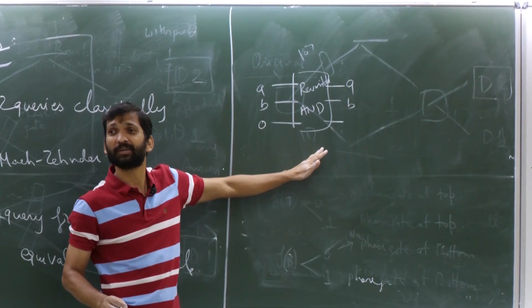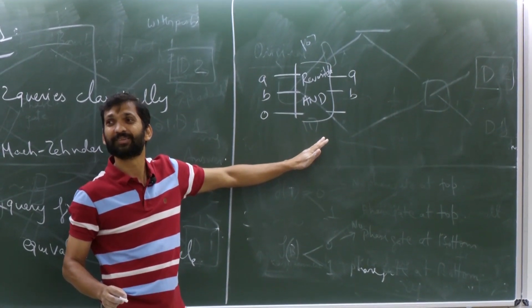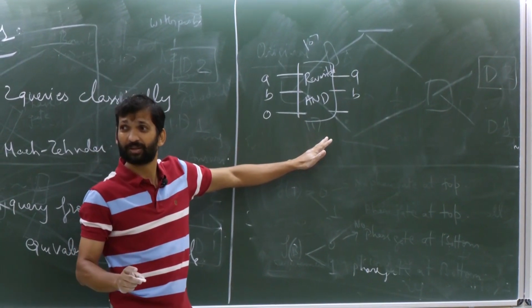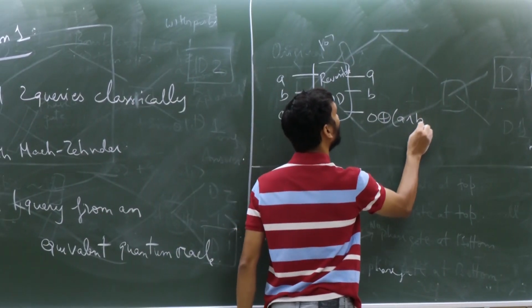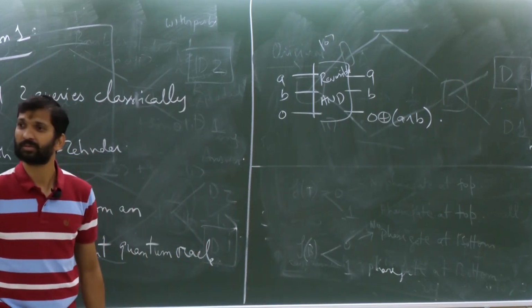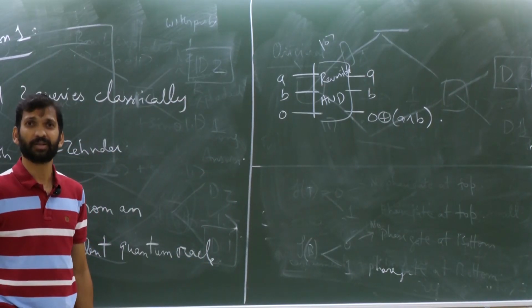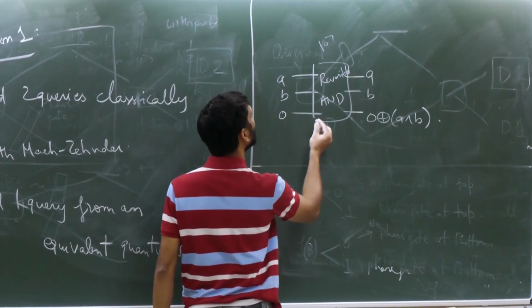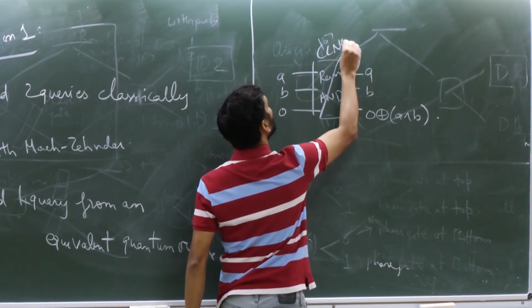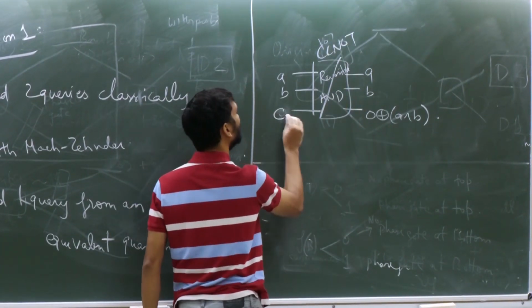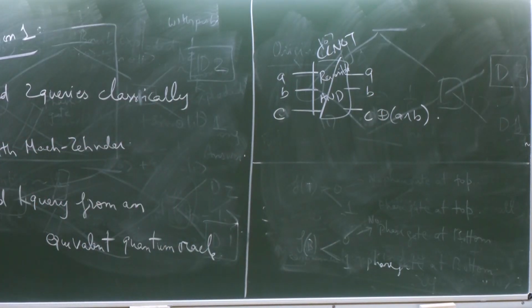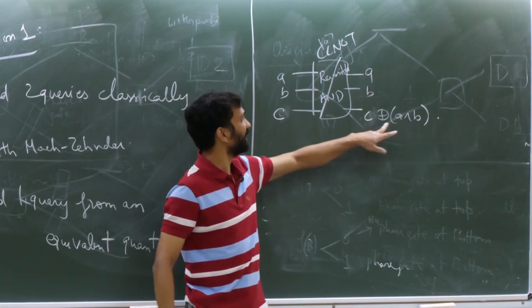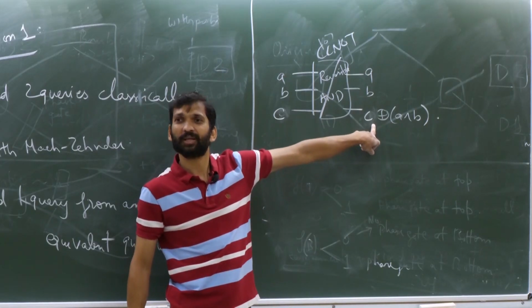What gate did we apply? CNOT. What does it do? Right? What is CCNOT? If I change it to CCNOT, it computes AND as an XOR in the ancilla bit.